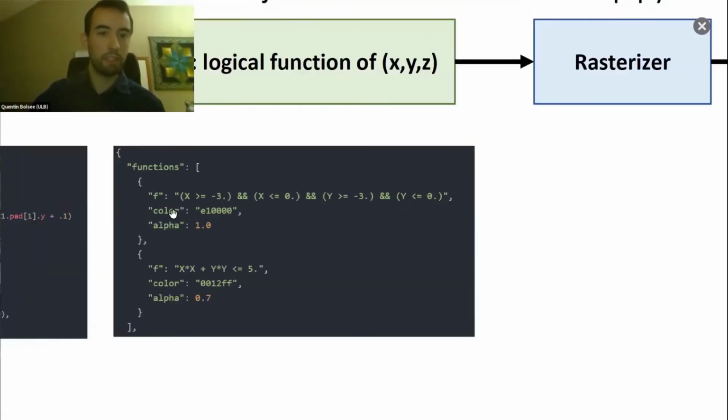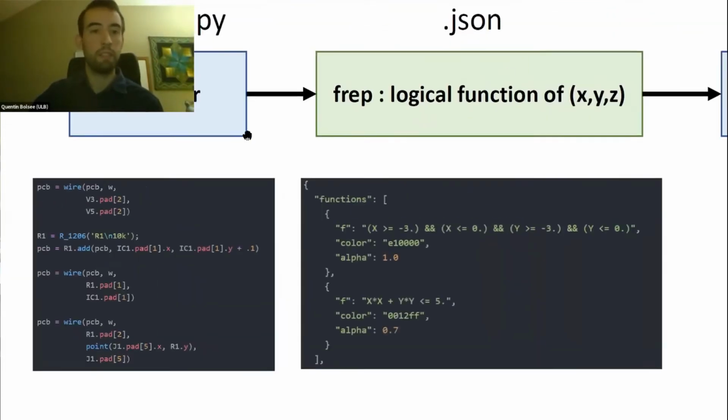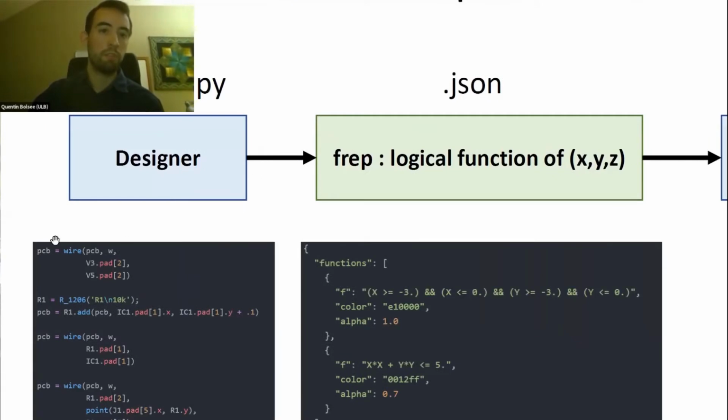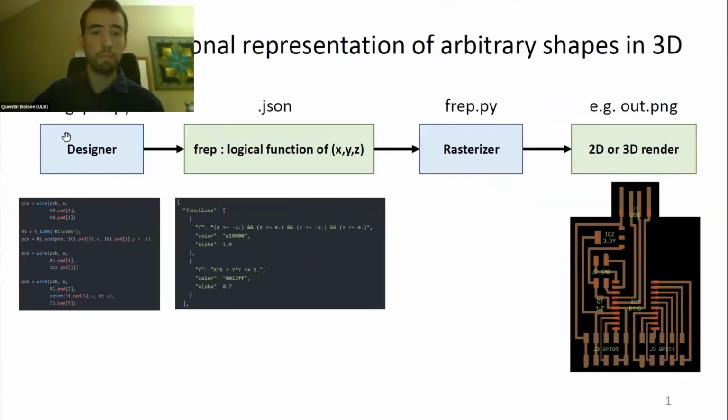Now to produce this, you could do it in any language you want, but the proposed way is to use Python, and in particular, you have Pcb.Py, which lets you design PCBs. But you could really do anything else you want with the FREP concept. And after you have this JSON with the logical function, you can do a rasterizing.